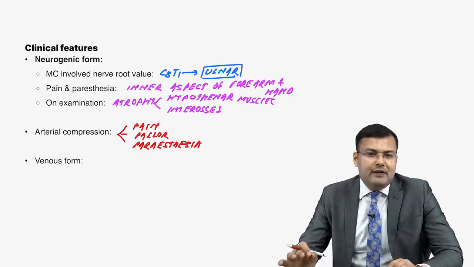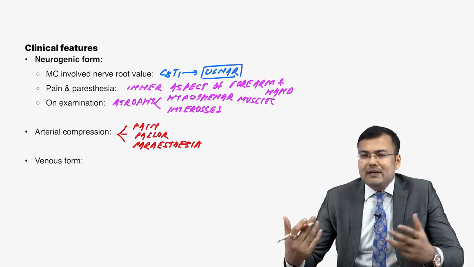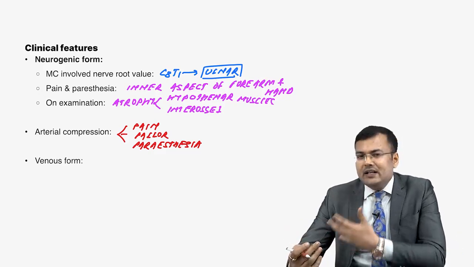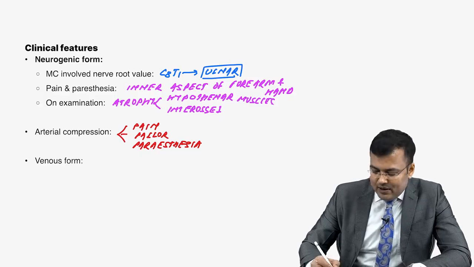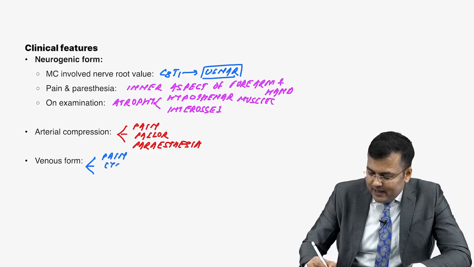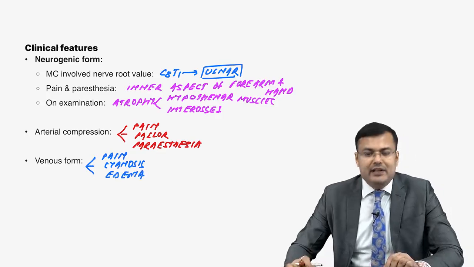If there is occlusion of a vein or venous thrombosis, what will happen? There is collection of deoxygenated blood, and because of that there is cyanosis, edema, and pain. So in the venous form, there is pain, cyanosis and edema. Clear?